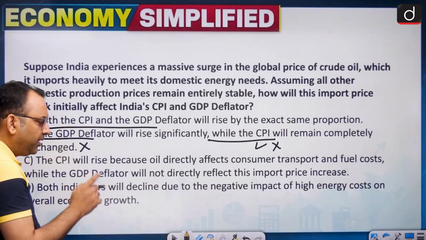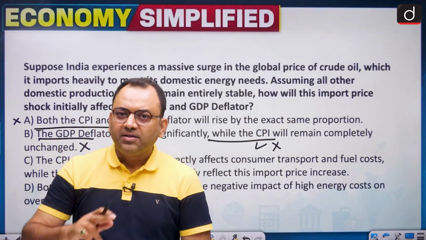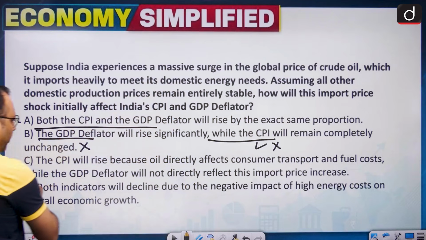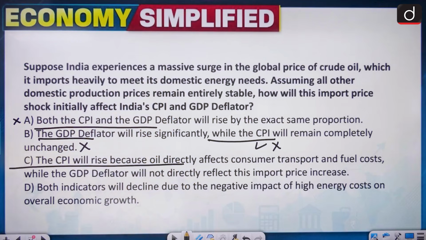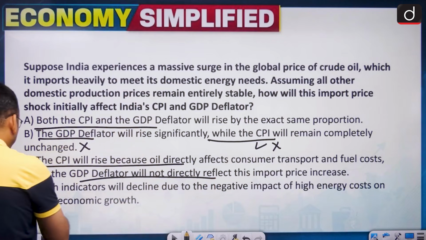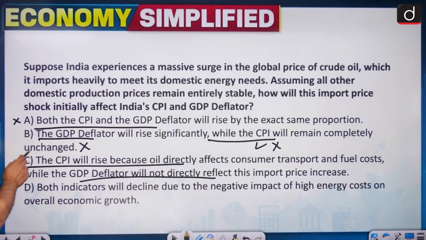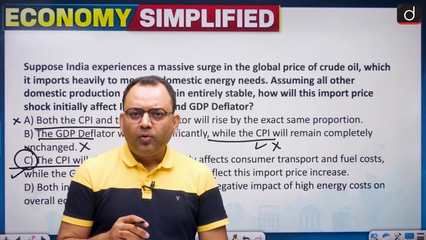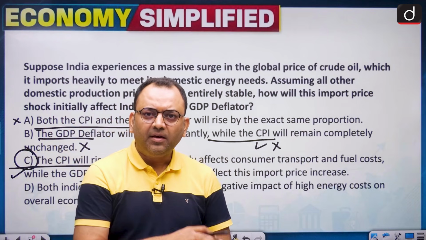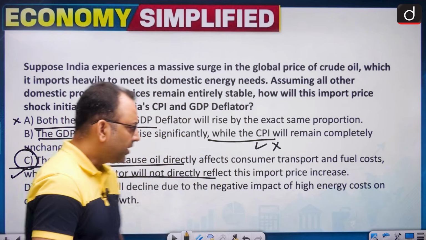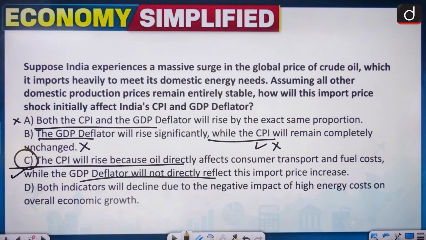So GDP deflator will not change, CPI will change, right? "The CPI will rise because oil directly affects consumer transport prices, and the GDP deflator will not change." This is a correct statement because GDP deflator doesn't include the imported goods, whereas the CPI does, because CPI is about the price change at the level of the consumers. And both will not decline, so that is the incorrect one.